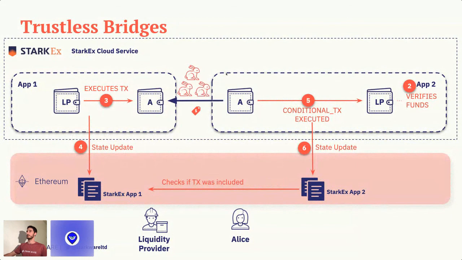Okay, so what we get here is that Alice, in a trustless way, receives her funds on application 1. And first of all, it was very cheap because we didn't go through Ethereum, and it was very fast because from Alice's perspective, all she did was sign an off-chain conditional transaction, and then immediately the transaction was executed on the other application.